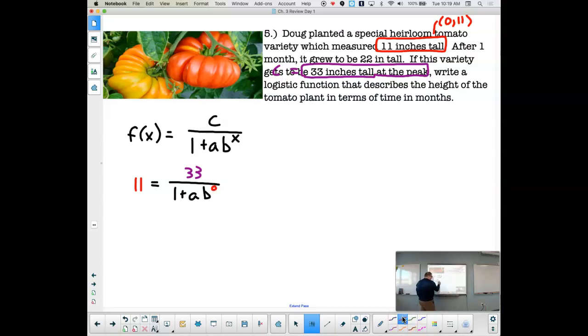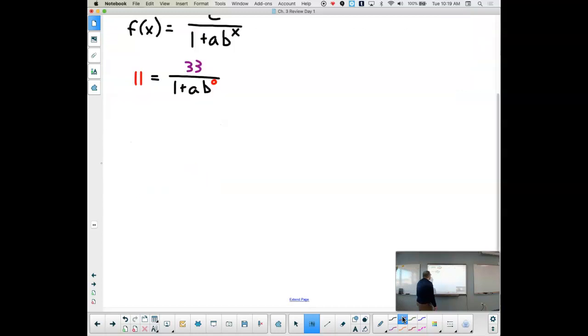I should really color-code this. The x part of that point is 0. So really that's just 1 plus a on the bottom down there. So we could say here 11 equals 33 over 1 plus a.